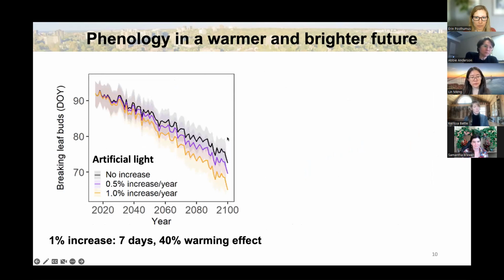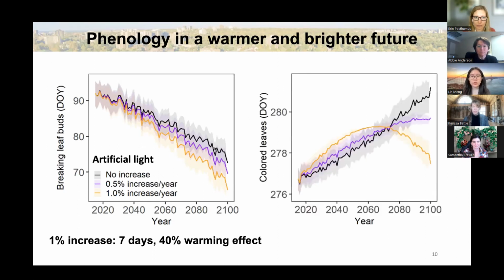And I found that under climate warming, phenology shows a continuous earlier trend, but on top of that, artificial light will shift phenology much earlier by 7 days, which accounts for 40% of the climate warming effect. For colored leaves, there's a non-linear effect of artificial light. It will delay the colored leaves first and then advance it.